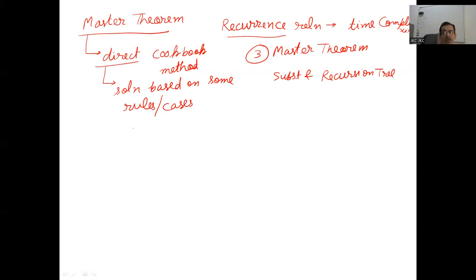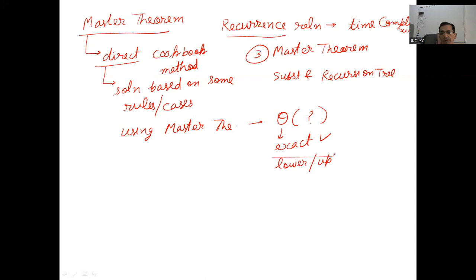Another good thing about this is that using the master theorem, we will be able to get the theta notation, the exact time complexity, not just a lower or upper bound. With a recursion tree or the substitution method, we mostly targeted the upper bound, because one side, less than or equal to, can become easy.